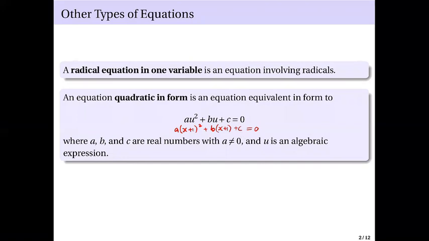But this u can be any expression. It can be another polynomial, or a rational expression. It can also be a radical expression or something else. So we call them equations quadratic in form.